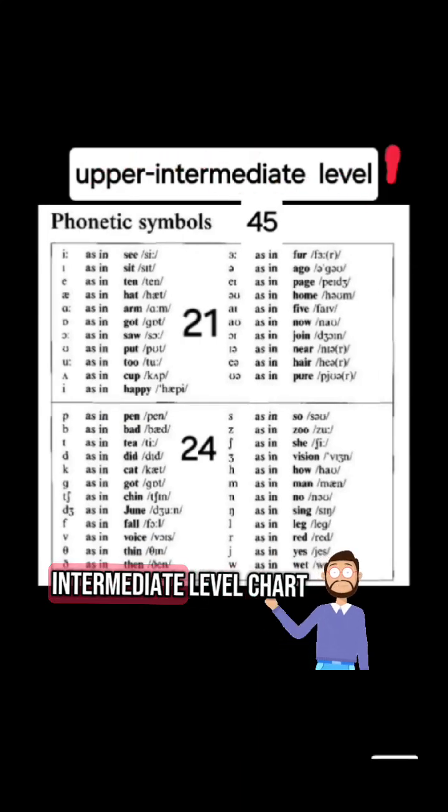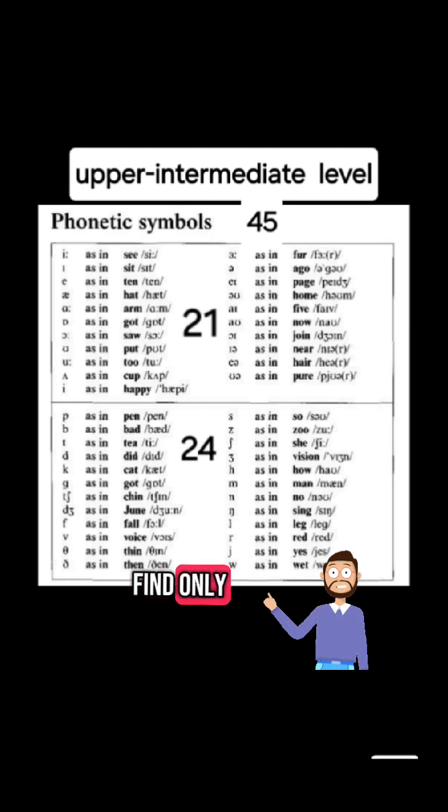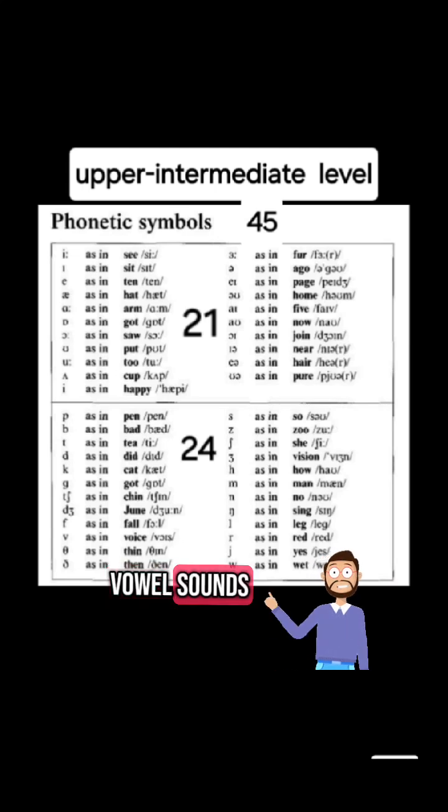Compared to the vowel sounds, which is 22 vowel sounds in the advanced level chart, that differs from the upper intermediate level chart, where we can find only 21 vowel sounds.